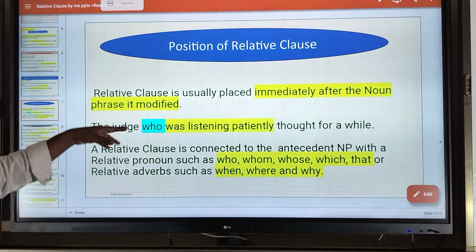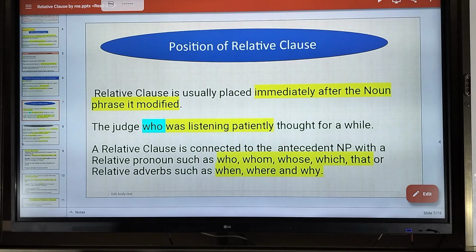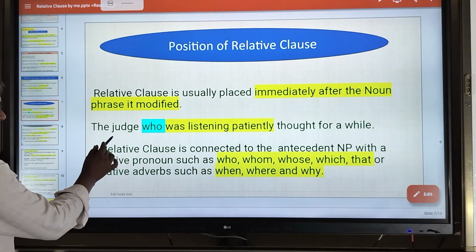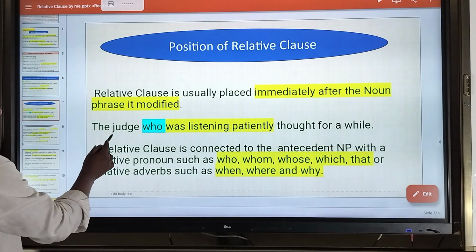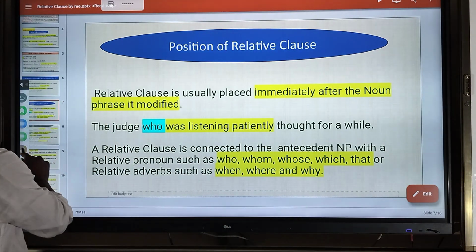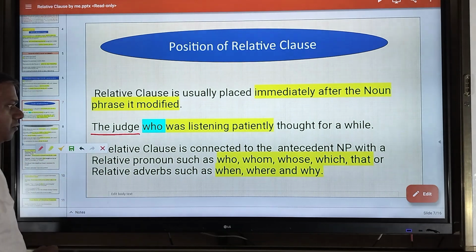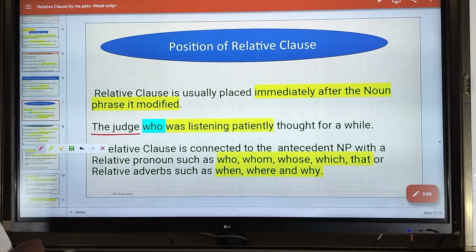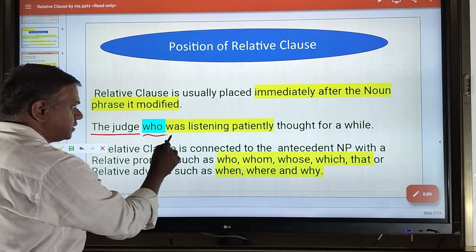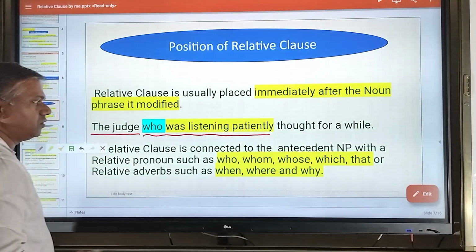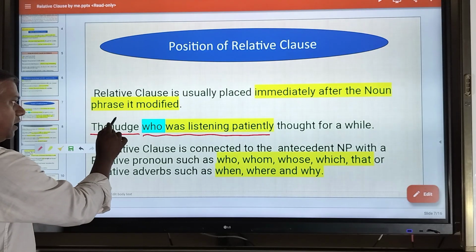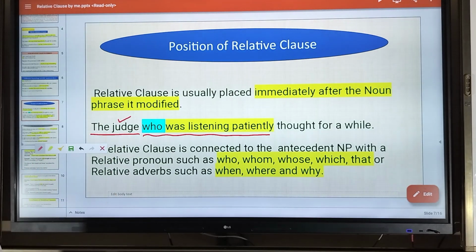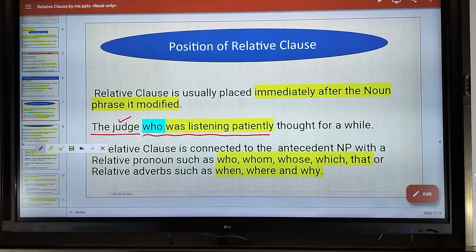We read this sentence in the first paragraph. In this sentence, this one is the main clause: the judge thought for a while. Here the judge is the noun. Understood? And it is saying this one is the relative clause. This relative clause immediately follows the antecedent noun phrase in the principal clause, in the main clause.